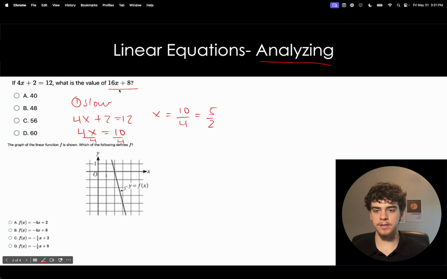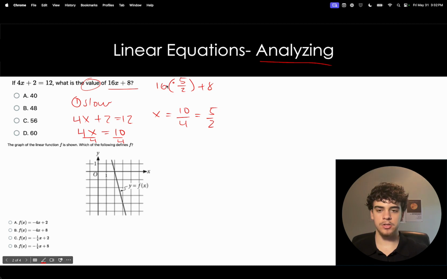Now we're going to plug it into this one because we're asked the value of this. If we plug in 5 halves for x, we'll have 16 times 5 halves, plus 8. If we distribute the 16 to the 5 halves, what you end up with is 16 times 5 over 2.